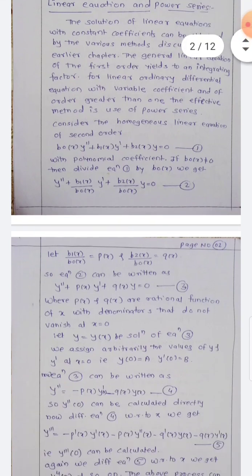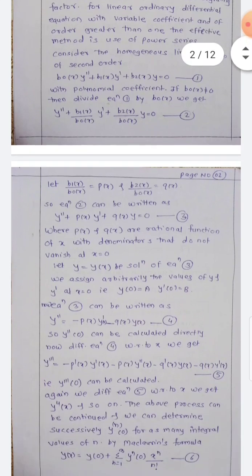Now here, as you have seen, we consider the linear homogeneous differential equation of second order, namely b0(x) y double dash plus b1(x) into y dash plus b2(x) into y equal to 0, that I denote by 1. Now as b0 of x is not equal to 0, we divide equation 1 by b0 of x, then we obtain equation 2.